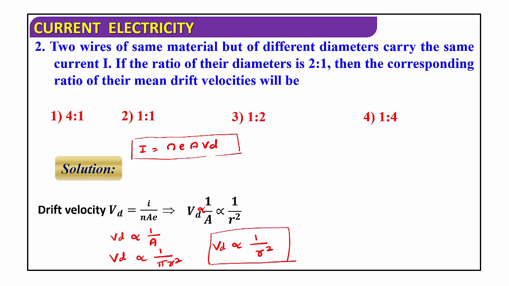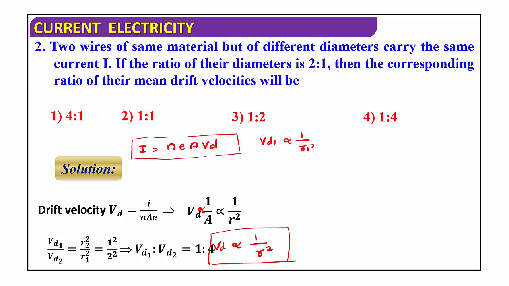Now easily you can calculate. Here we can consider their ratios. Their ratio means Vd1 divided by Vd2 for the first wire and the second wire. Vd1 divided by Vd2 equal to R2 square divided by R1 square, because according to this equation Vd1 is inversely proportional to R1 square and Vd2 is inversely proportional to R2 square.